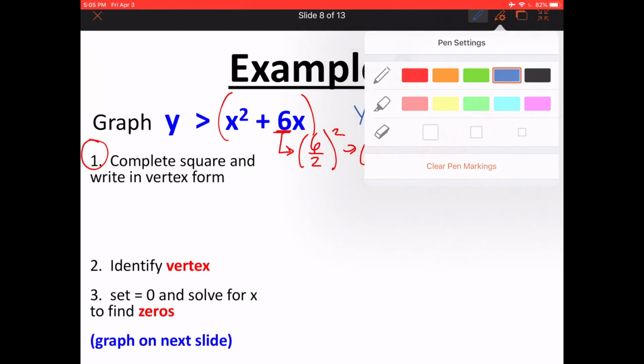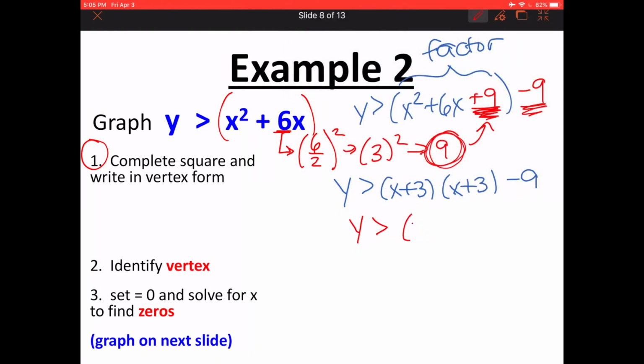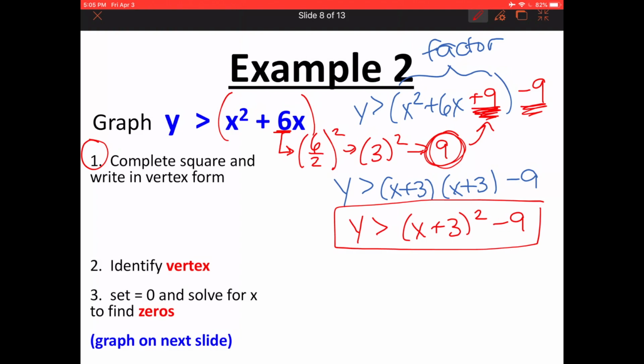Now to write this in vertex form, I want to factor this trinomial. Okay, so my x squared plus 6x plus 9, I'm going to work backwards. And what I get are x plus 3, x plus 3 minus 9. So then when I rewrite that in vertex form, y is greater than x plus 3 squared minus 9. So there's my final equation in vertex form.